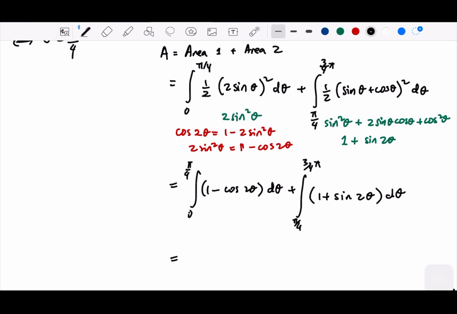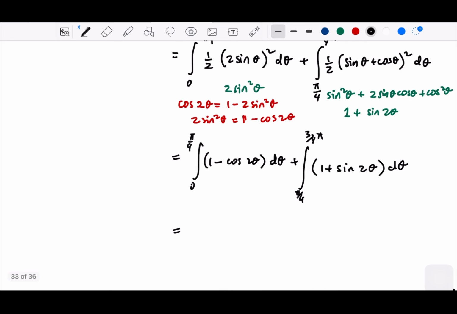No need for any techniques, just normal integrations. So this will be theta minus sine 2 theta over 2 from 0 to pi over 4, and then plus, this is theta minus cosine 2 theta divided by.